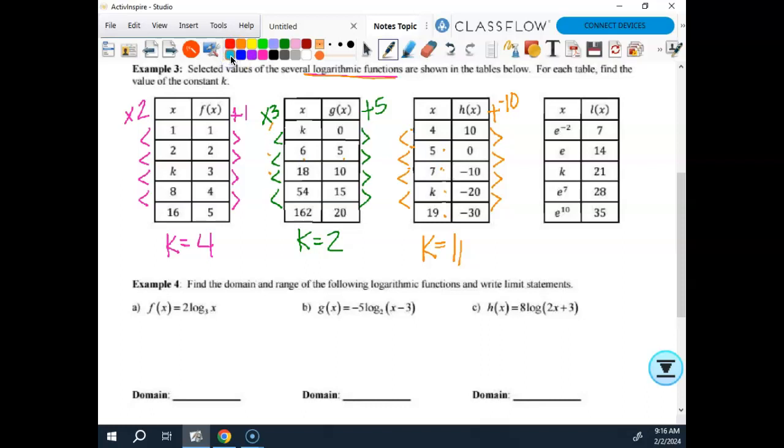Then this last one. Here, I am adding 7 each time, which means something is happening multiplicatively over here. To get from one to another, am I multiplying by a constant like 3 or 2 or something like that? I'm not, right? I'm going to have to be multiplying by e in some way.